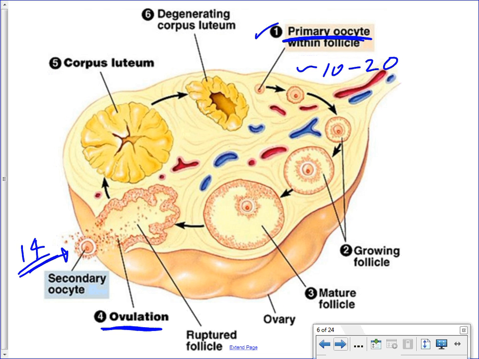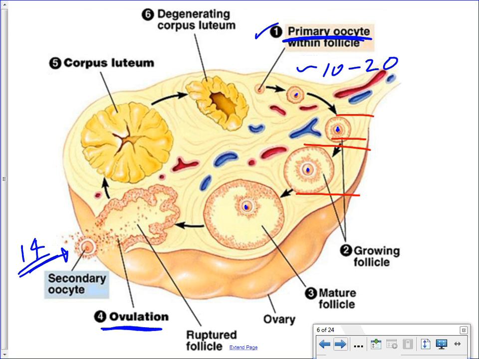But what is really enlarging is not the egg on the inside. The egg on the inside is not dividing. It's always going to be one single egg that we do have on the inside. What is dividing and what is getting bigger is the follicle. So the follicle is made up of follicular cells. They are going to be dividing very, very rapidly.